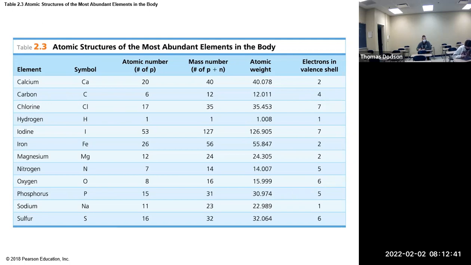You'll see things like calcium. Its atomic number is 20, mass number is 40. It's just 20 protons. If you've also got 20 neutrons, that's a total of 40. The atomic weight is going to be 40.078. Where does that .078 come from?